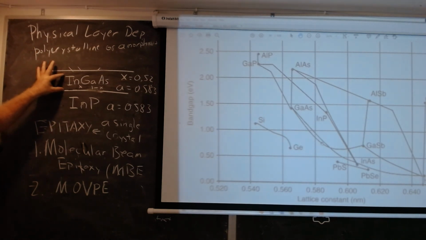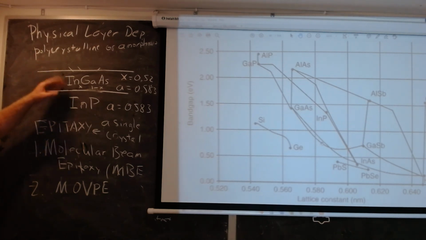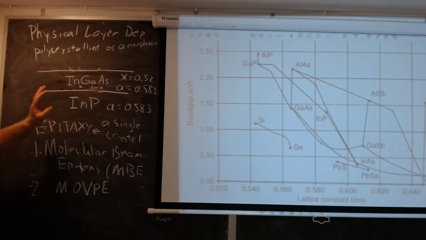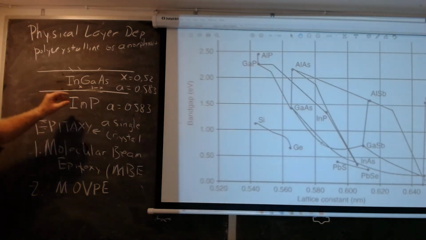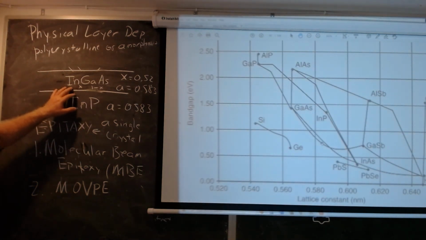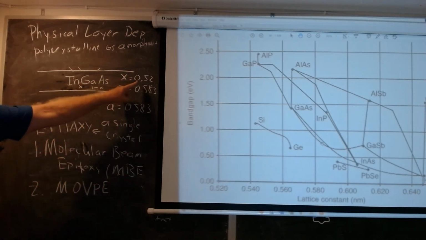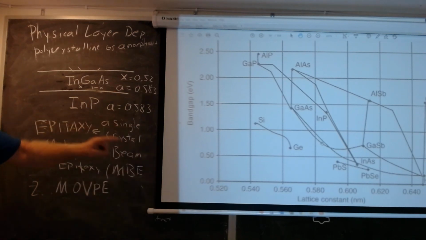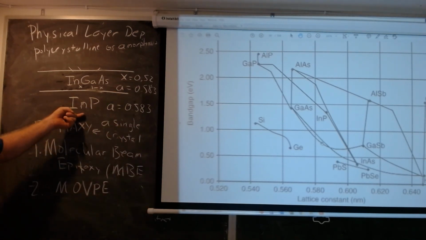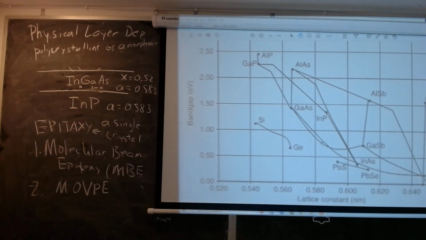It's just that, if you looked at the lattice, you would see indium in some lattice sites, and gallium in other lattice sites, such that their ratio was 0.52. Then the lattice constant would match. And so that's a very important principle to know in epitaxy.